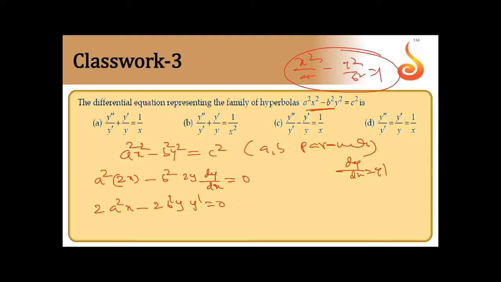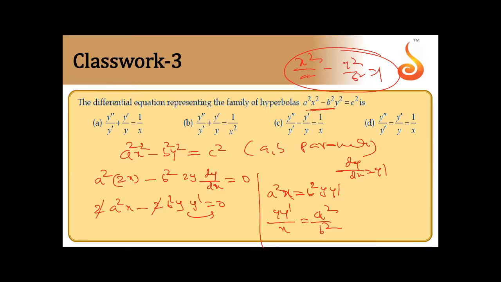Now the 2 can cancel out. Take this one to the other side. Don't differentiate again, just a little adjustment you can do. So y dash by x equals a square by b square.